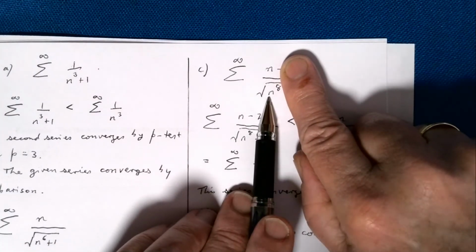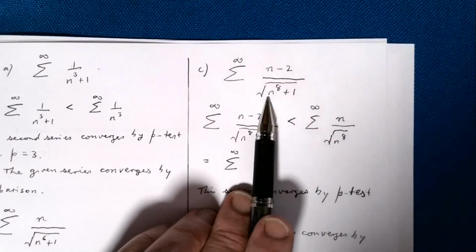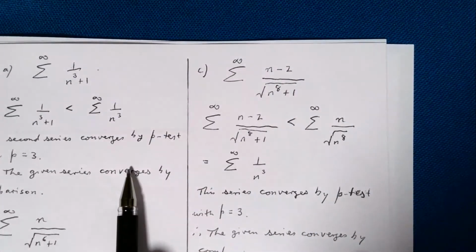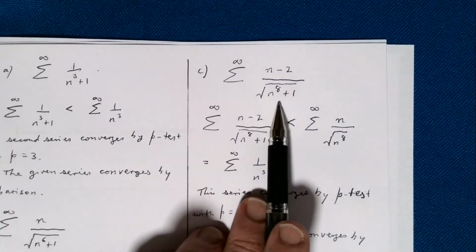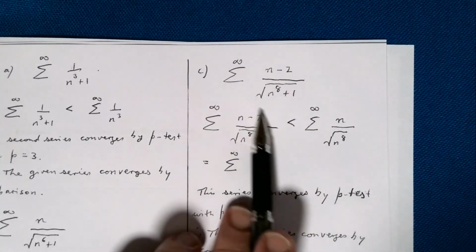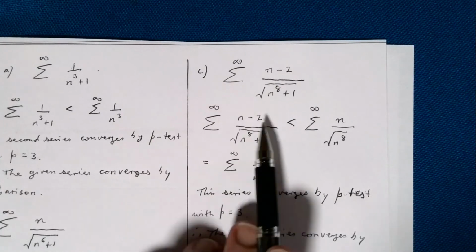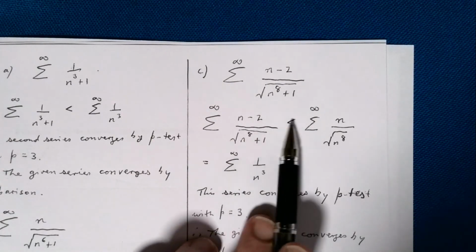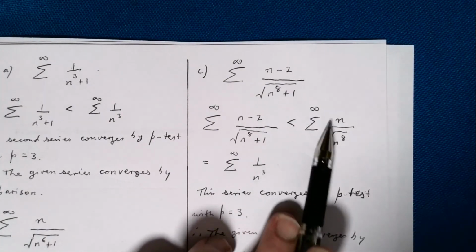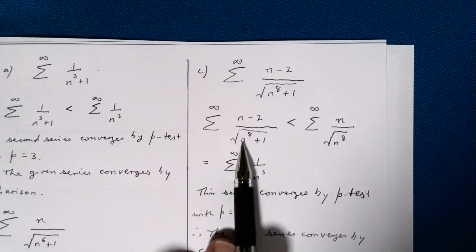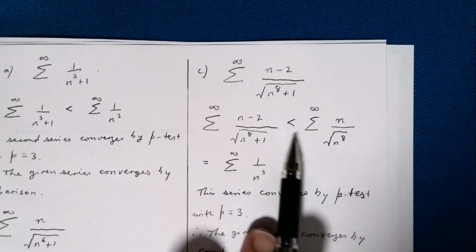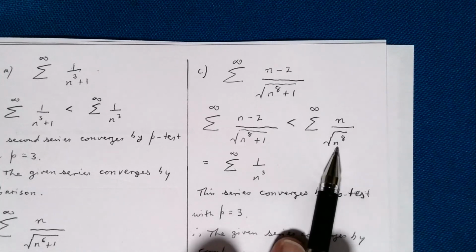and that comes out to n cubed. So again, I'm going to compare it with my p series, and the p will be equal to 3. So here's the setting out. Firstly, there's the series we were given. We toss away the 2, n minus 2 is less than n, and we toss away the plus 1, n to the 8th plus 1 is bigger than n to the 8th, so in the denominator this is less than.